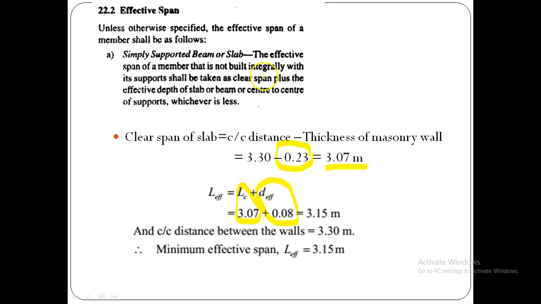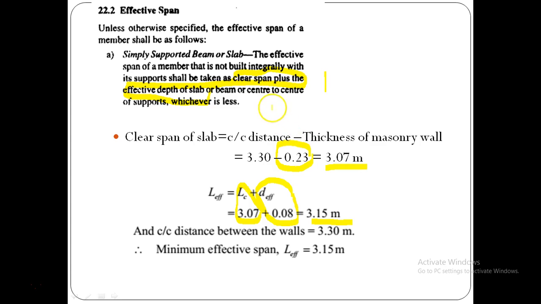So this is our case number 1, clear span plus effective depth of the beam, and we have calculated it as 3.15 meter.